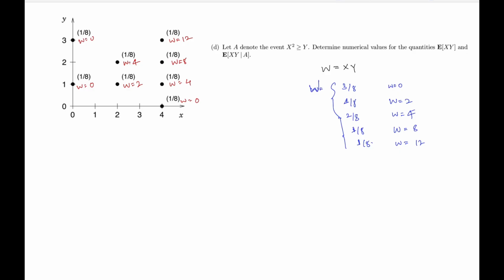I hope we have got every point. So 3 plus 1 is 4, plus 2 is 6, 7, 8. So we are correct.